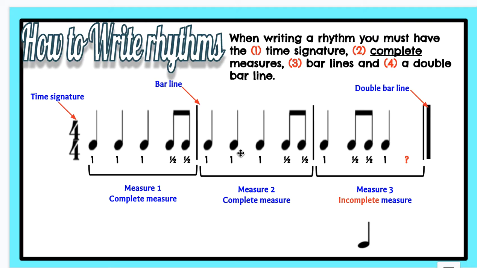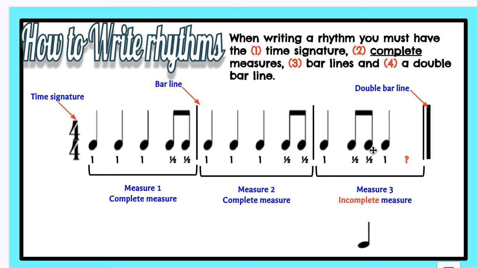Let's look at measure number 2, or bar number 2. Does it have 4 beats in it? Quarter note, 1 beat, 1 beat, 1 beat. And these 2 8th notes give us a total of 4 beats in the measure or bar. So when we have completed that measure, we draw what's called a bar line. So here we have 2 measures or 2 bars of rhythm.